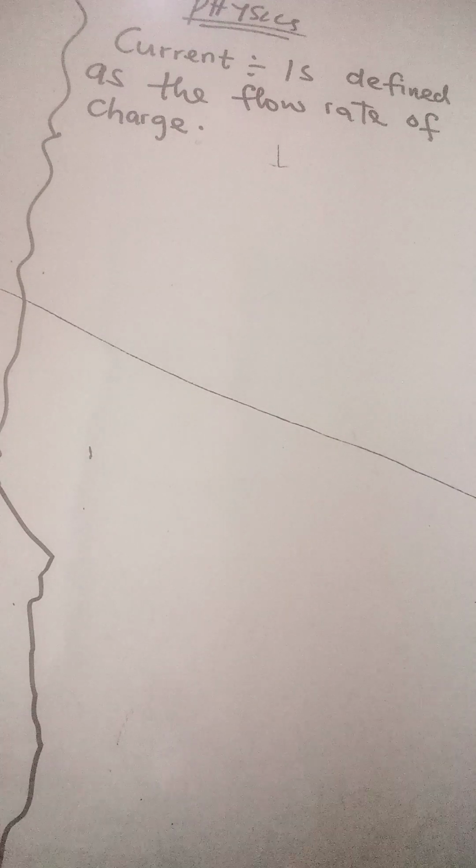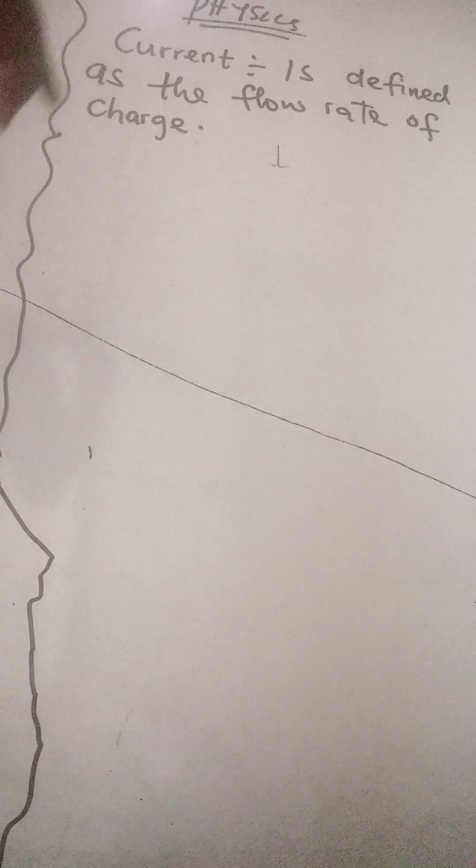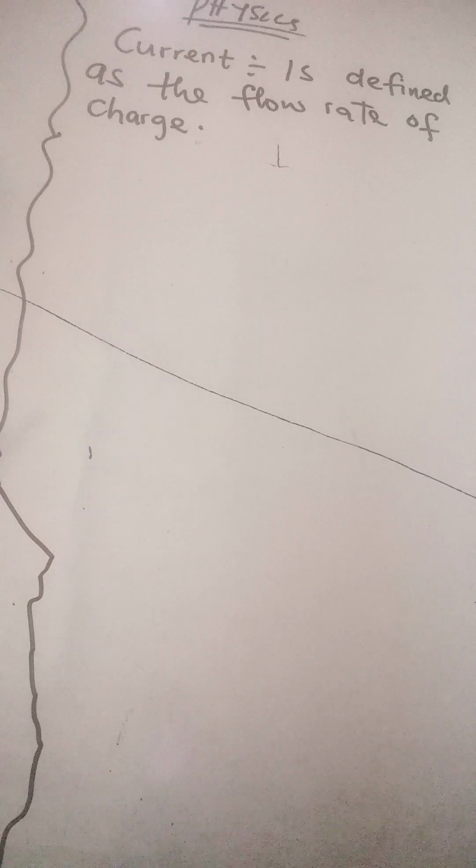Now we want to have a look at the second part of physics on current electricity. I have treated part 1 of current electricity, where we define what electricity is, what quantity of charge is, and how they are related, and as well the formula for finding quantity of charge.